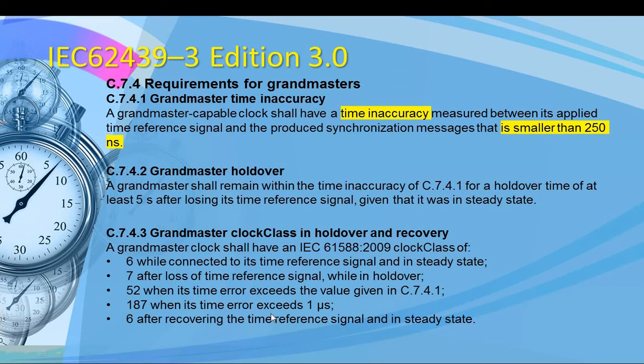This is the requirement for the grandmaster in Annex C. Grandmaster accuracy is better than 250 nanoseconds.